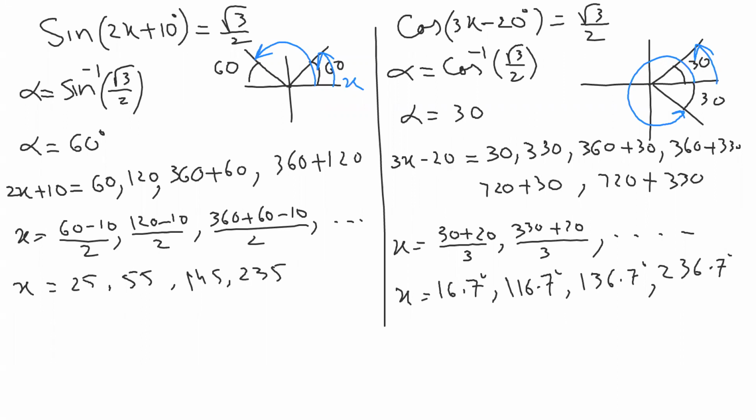So I'm getting 750 already plus 20 and divide by 3. Alhamdulillahi Rabbil Alameen. I'm getting 256.7. And last answer, 720 plus 330 plus 20 and divide by 3. And congratulations, I got 356.7. So that's why you can see that I got 6 answers, and that's it.